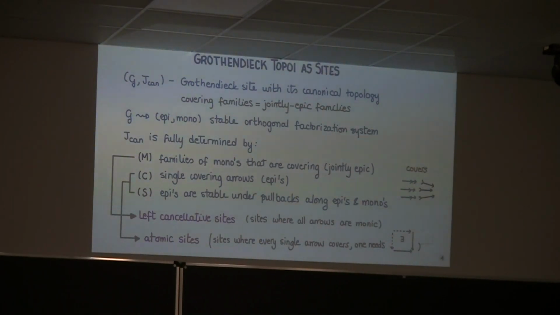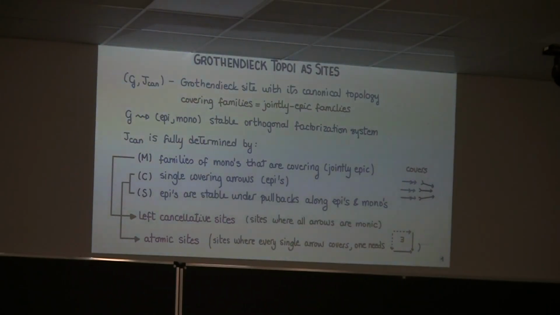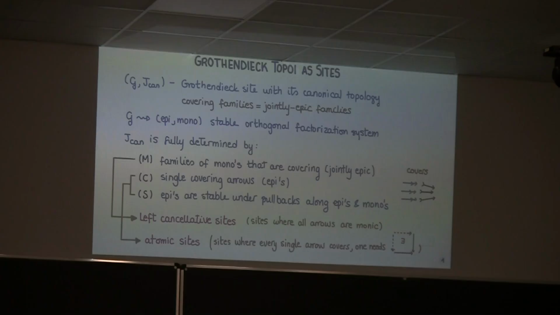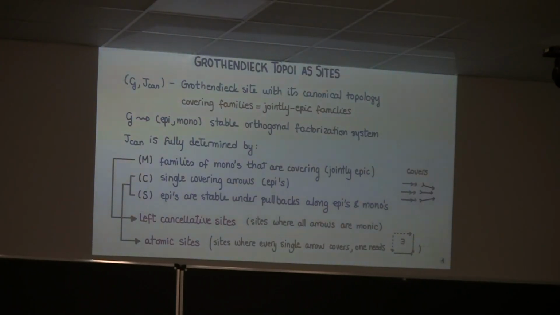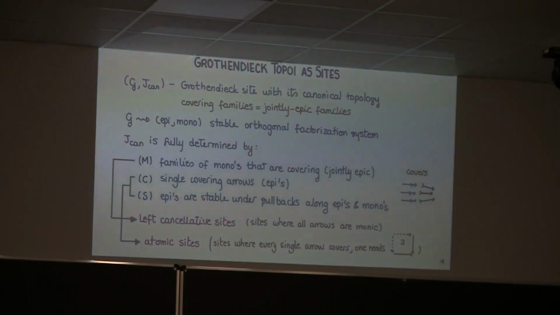Because if I have a category, the atomic topology is that every sieve which is non-empty covers, or that every single arrow should cover. And so for that, I need an Ore condition like this, with the pullback stability as in the general case. And so why not put this framework now at the level of small sites?